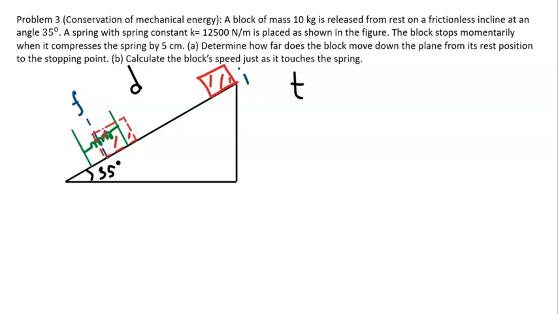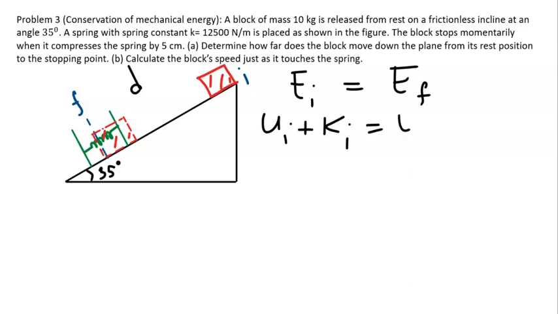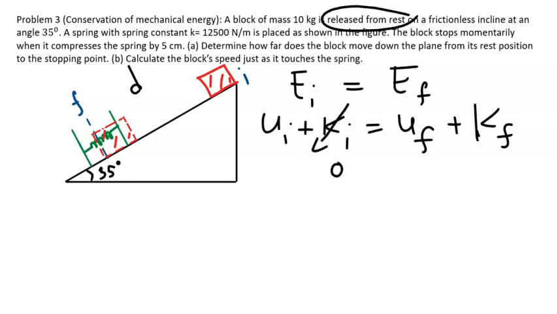Using conservation of mechanical energy, Ei equals Ef. So Ei is the potential energy at the initial location plus the kinetic energy at the initial location, equals the potential energy at the final location plus the kinetic energy at the final location. Now we know that it is released from rest, so Ki is 0.